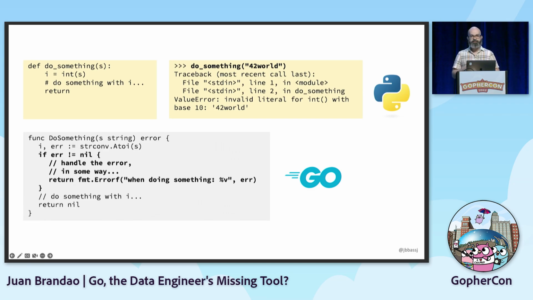So when they are writing Python after Go and that friction is not there anymore, they feel that something important is missing, and it is. It now makes them pay more attention to error management in Python because it's part of the Go flow. And even in simple examples like this one, converting a string to an integer, it may be simple but it's a highly recurrent operation in data engineering that can fail.